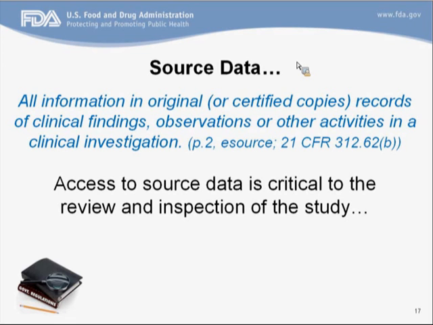All information in original or certified copies of records of clinical findings, observations, or other activities in a clinical investigation. Source data. All right? It's critical to have access to source data for inspection purposes. So a very important item is know your source. Documentation of your source is critical.